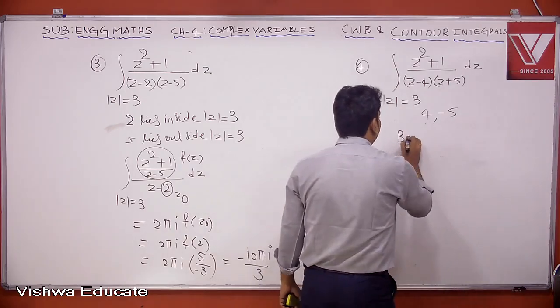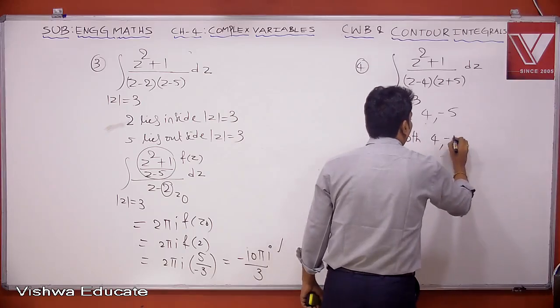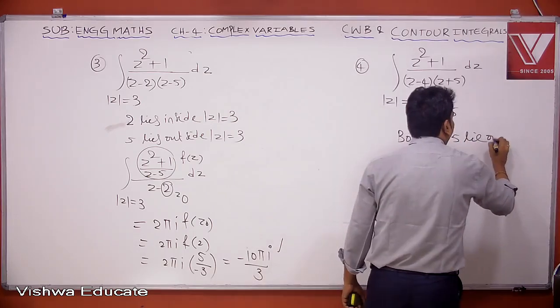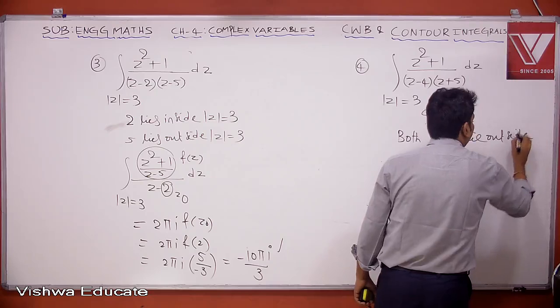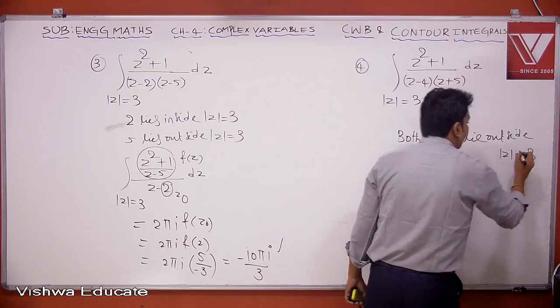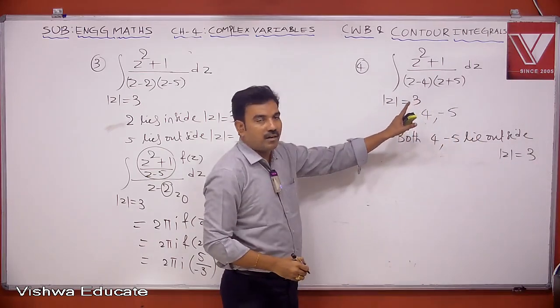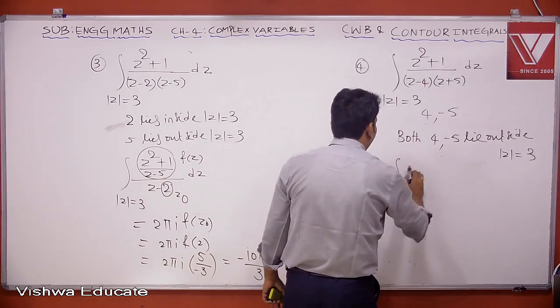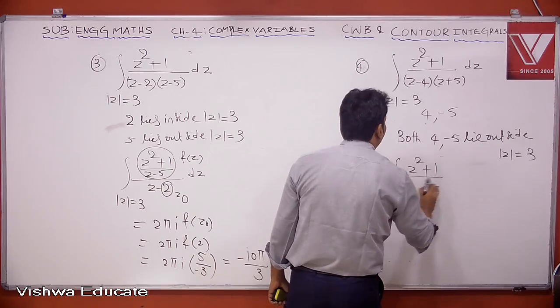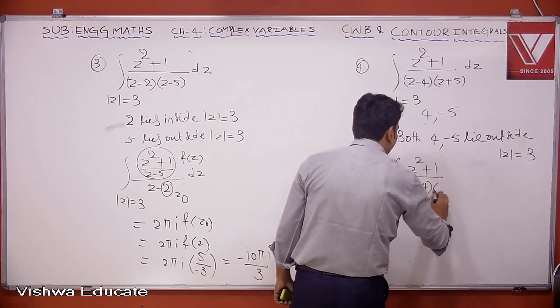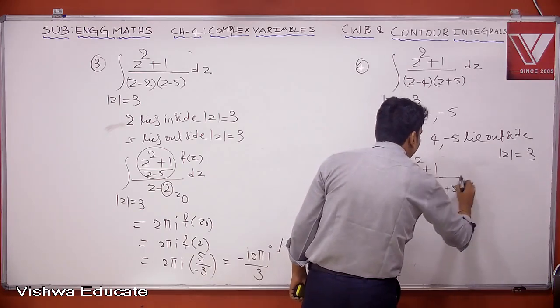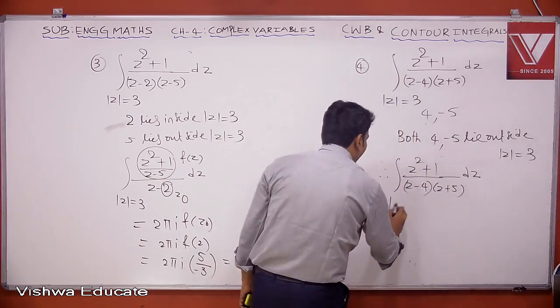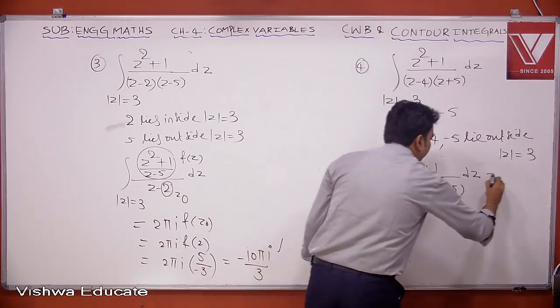So both 4 comma minus 5 lie outside the circle mod z equal to 3. Multiple z naughts are there, but both z naughts lie outside the circle. Therefore, this integral over C, where C means mod z equal to 3, is 0.